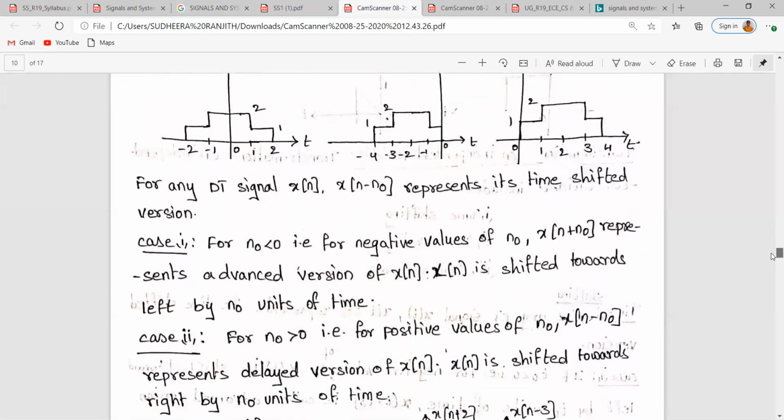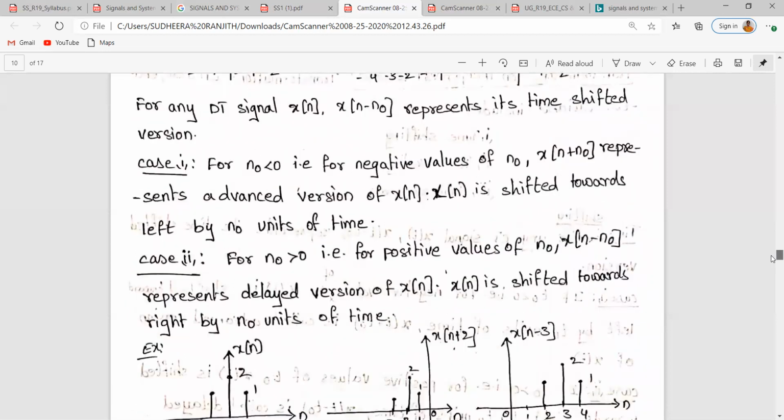For negative values, it looks like x of n plus n naught, the signal is shifted towards left, and that is called the advanced version. For positive values of n naught, it looks like x of n minus n naught, which represents the delayed version of x of n, meaning x of n is shifted towards right by n naught units of time.